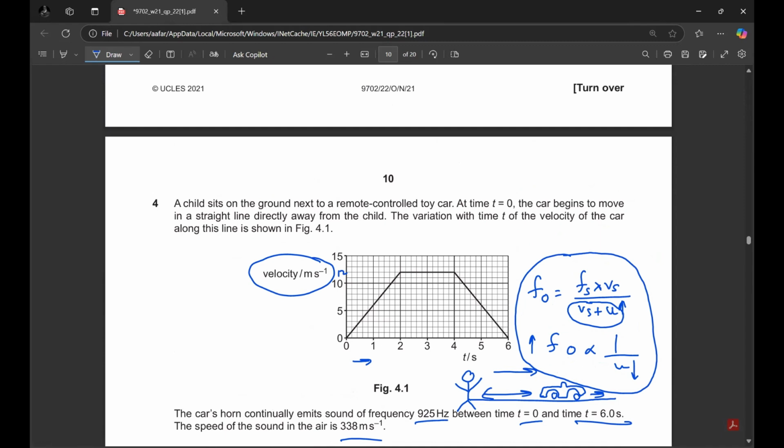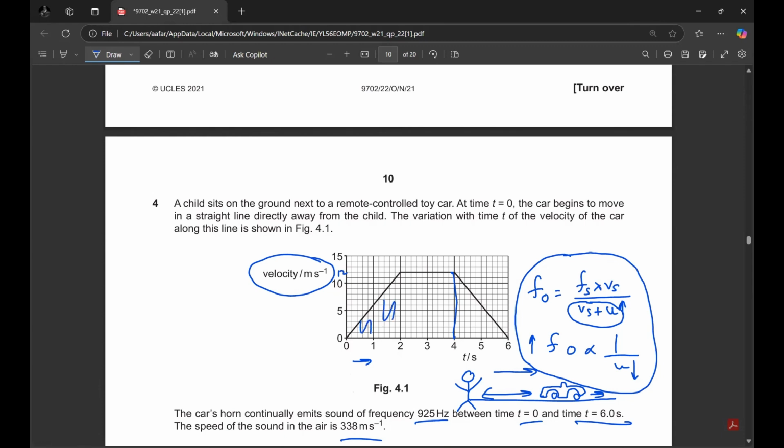They have given us the velocity-time graph of the car, and we know that the distance or displacement is the area under the velocity-time graph. So we need to calculate this distance right here.